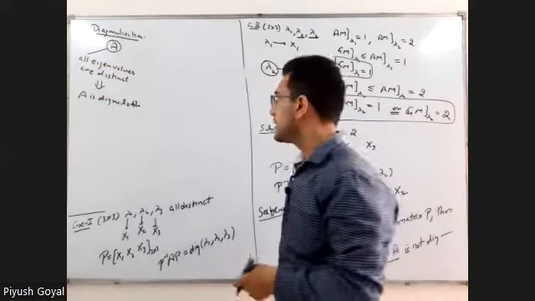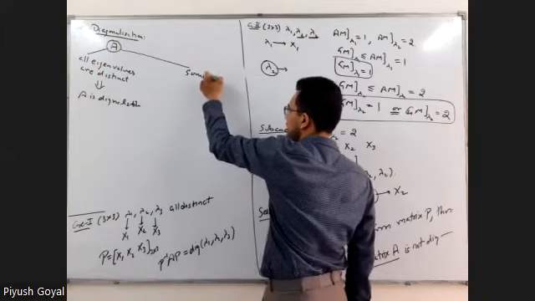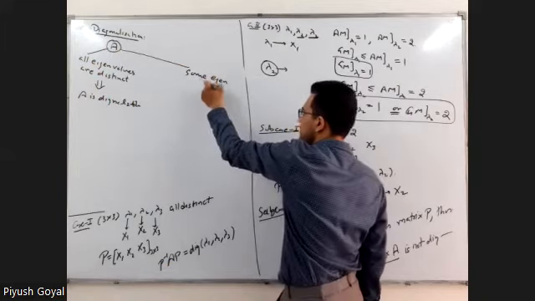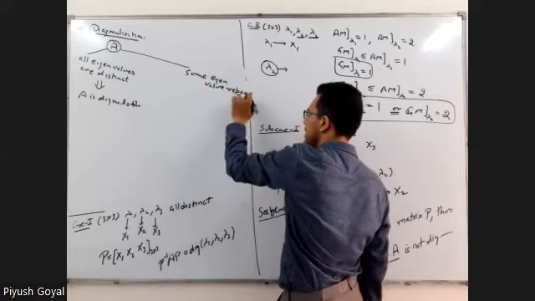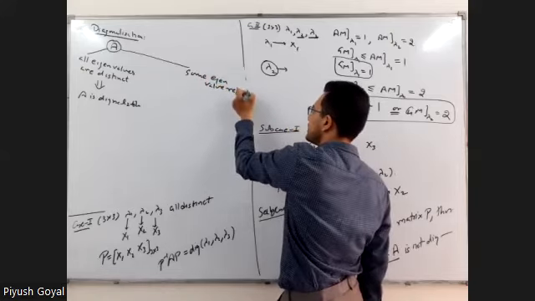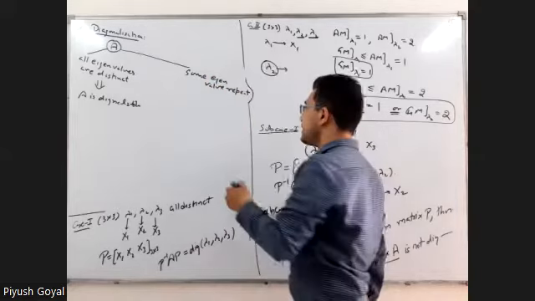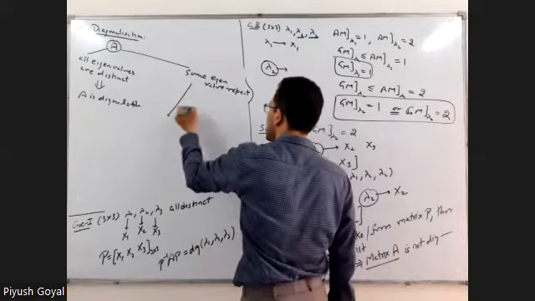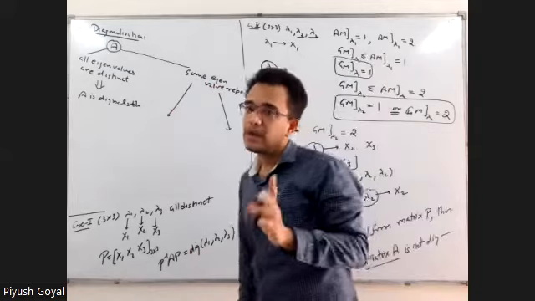Now, the second case is when some eigenvalues repeat. When some eigenvalues repeat, then the matrix can be diagonalizable or it can be not diagonalizable. Now it depends.